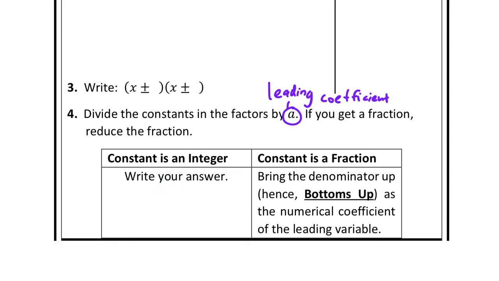If a constant is a fraction, then you bring the denominator up, hence the bottoms up, as the numerical coefficient of the leading variable. Okay, so there's a lot said here, but it makes sense once we start working on an example. So let's go over to the example.